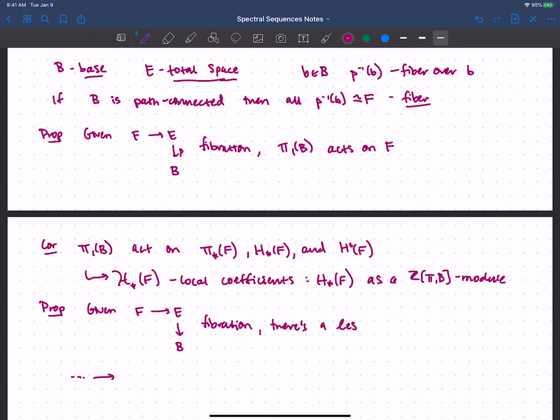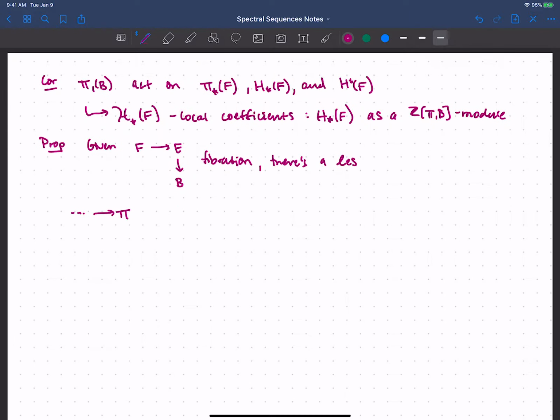So that looks like, turning into a mess here. I think I need to move this up is my problem. Okay, so we've got pi n of the fiber, maps to pi n of the total space, maps to pi n of the base, and then our connecting homomorphism wraps around and we get to pi n minus 1 of the fiber, and so on.